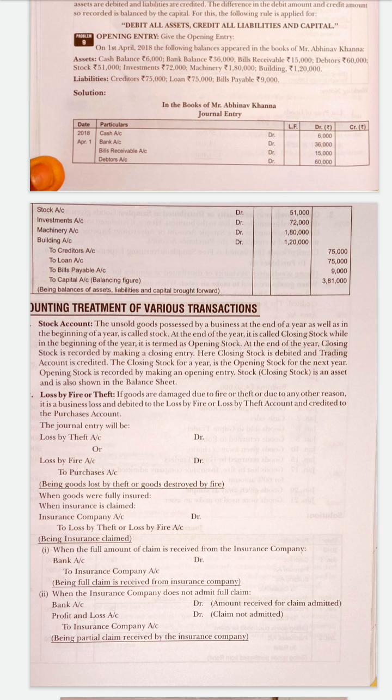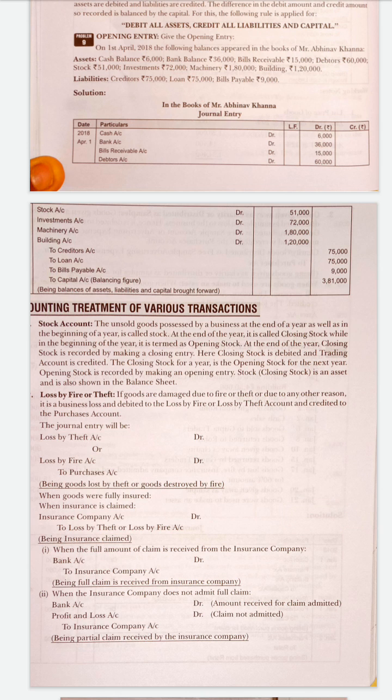When the full amount of the claim is received from the insurance company, the first entry is at the time of claiming the amount: insurance company account to loss by fire or theft. The second entry is when the amount of claim is received.